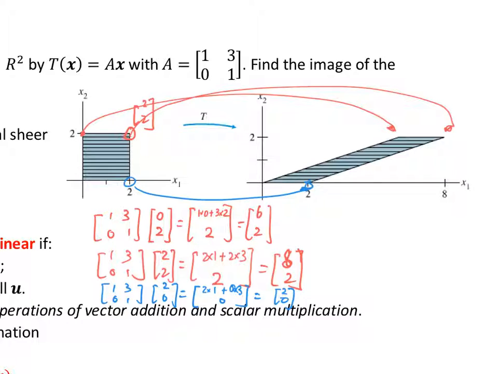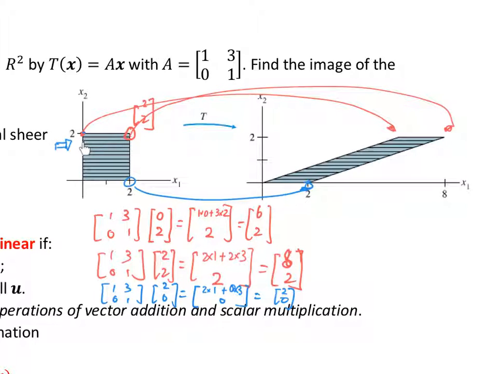Now, what this transformation really does, just think about this square. It is being pushed from this side. So every horizontal line is pushed towards the right hand side.